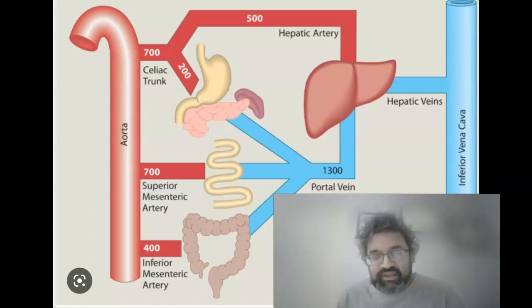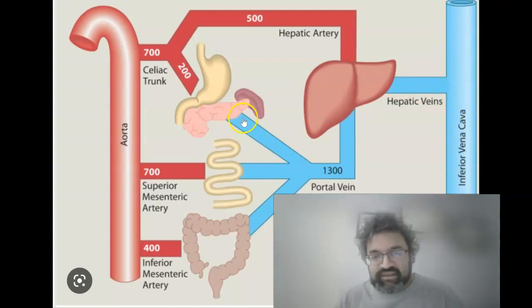So here's how it works. The celiac trunk has the hepatic artery, which is oxygenated blood. So let me show you this here. There's the celiac trunk, hepatic artery. The hepatic artery then goes into the liver, and then goes into the hepatic vein, and then inferior vena cava.